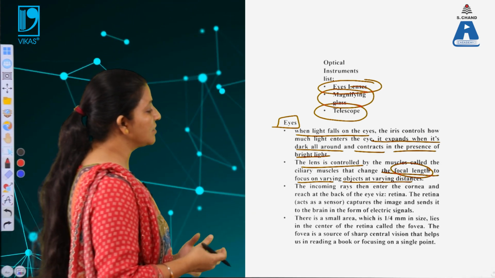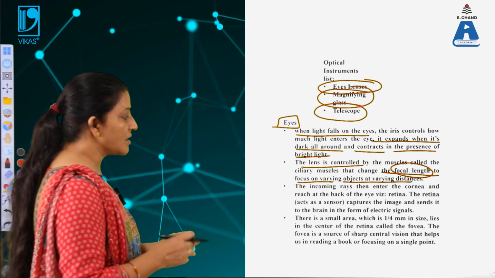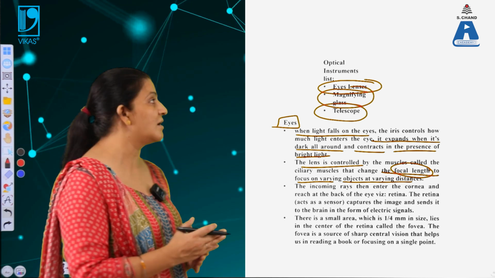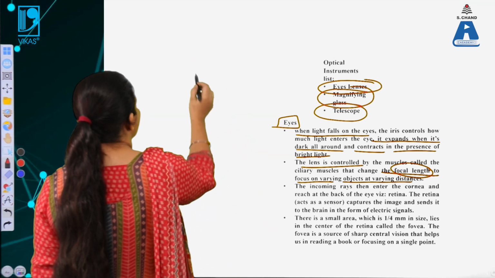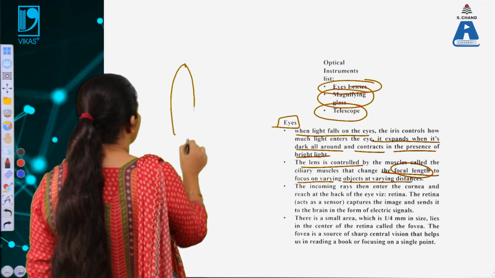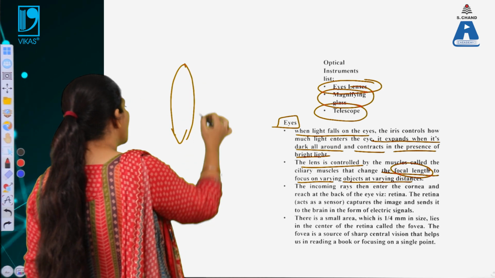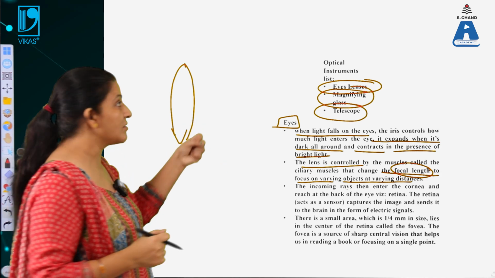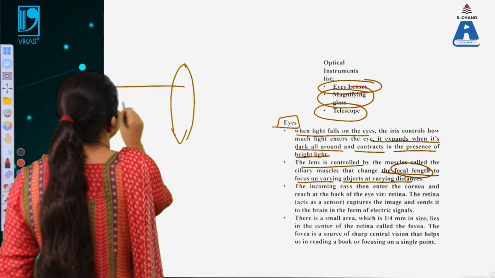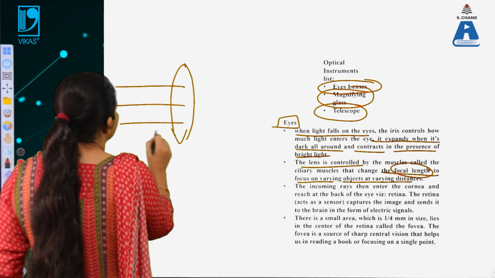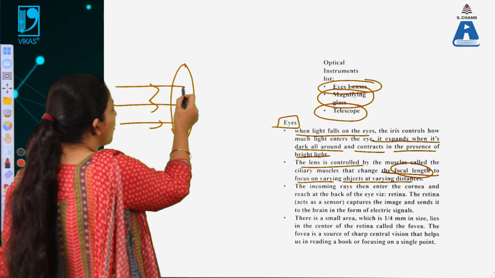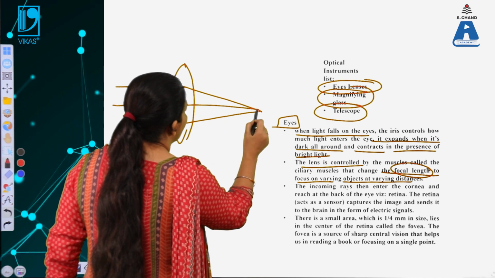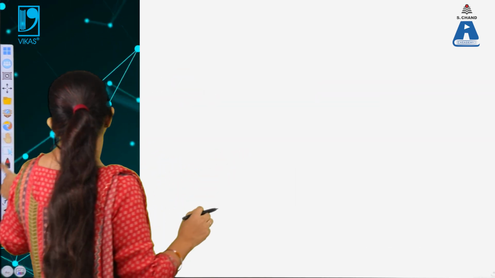Depending upon the focal length, we are able to converge the light at a single point. So if there is a lens over here, depending upon its size and how it is able to contract the light, it will converge all the light to a single point. So what does this mean?